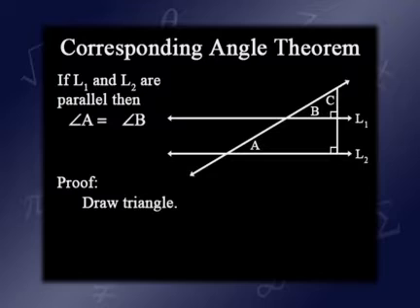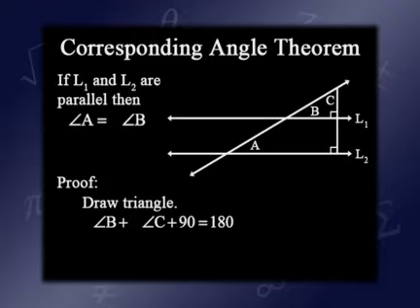And now let's look at the triangle on top, that little triangle with angle B, angle C, and that right angle. Now, what do we know to be true about the sum of the angles of any triangle? Well, by Euclid's fifth postulate, the sum of those angles is 180 degrees. So angle B plus angle C plus that right angle of 90 degrees is 180 degrees.